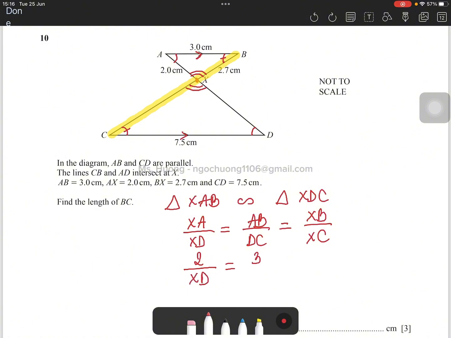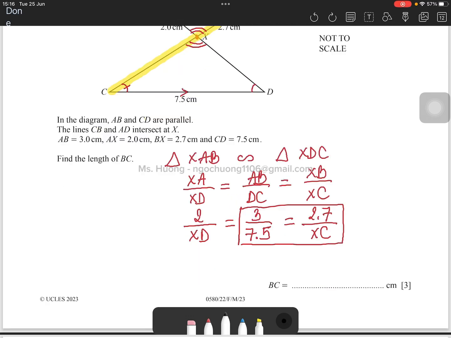AB is 3 centimeters. DC is 7.5 centimeters. XB is 2.7 centimeters. And XC is something we don't know. So if we want to find the length of BC, we need to know the value of XC, which means we should focus on this ratio. Now it's easier to solve it.